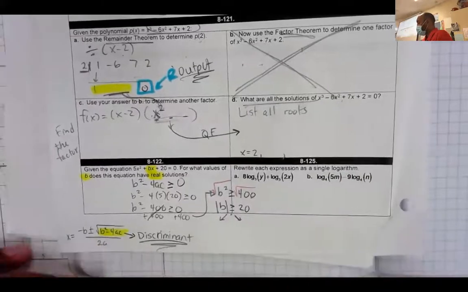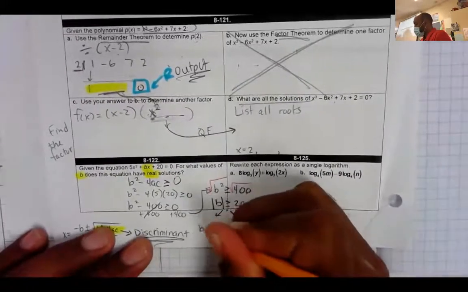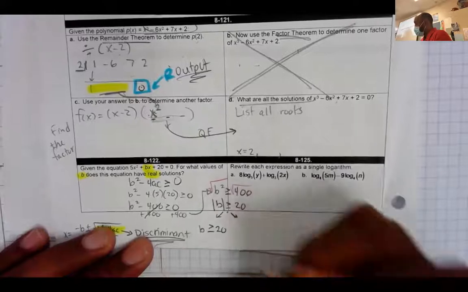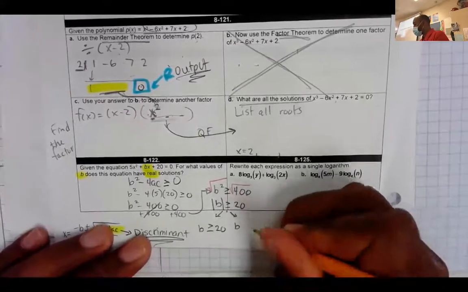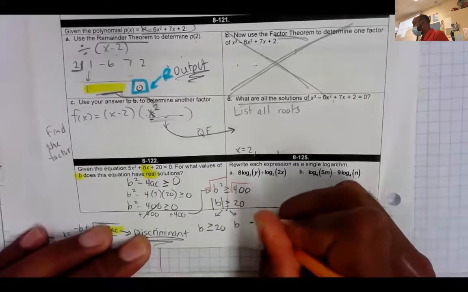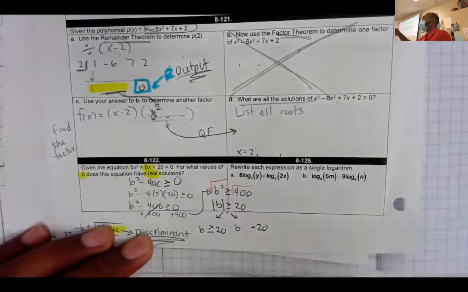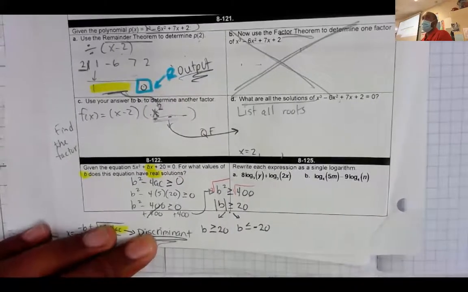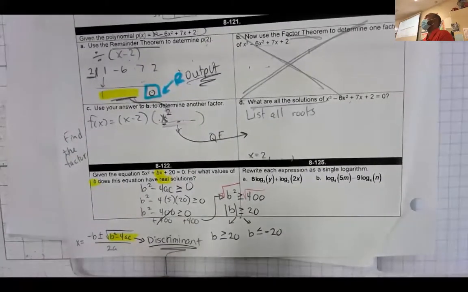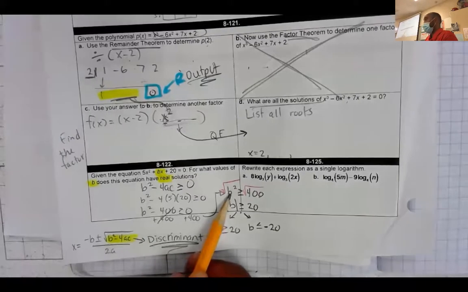If you guys remember inequalities, the first one would be b is greater than or equal to 20. You just always write the same. The second one changes. The 20 becomes negative, but you also switch the sign. So now it's b less than or equal to -20, which makes sense because when you think about it, if I did a smaller negative number, let's say negative 10, negative 10 squared back here is not greater than 400.